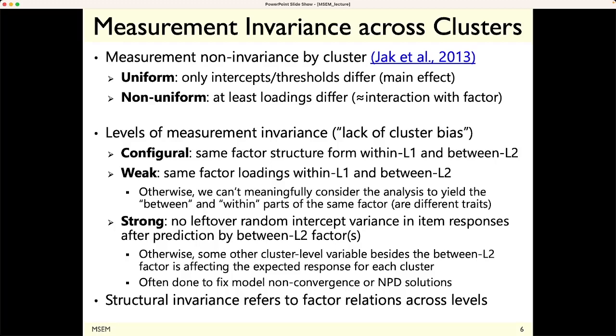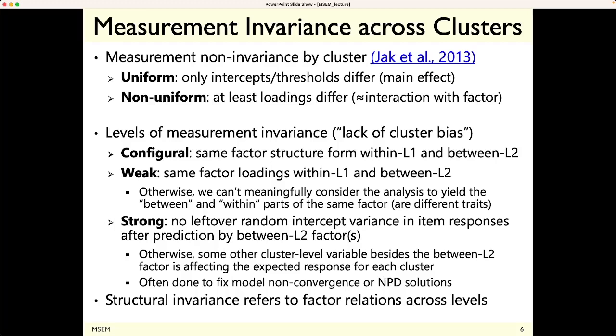What strong invariance would say is that after controlling for between level theta, there is no more variability in your random intercepts. Theta has it all. Now that seems like a very strong statement, but from an invariance perspective, what you're saying is that the expected item response only depends on the trait. It does not further depend on which cluster you're in.